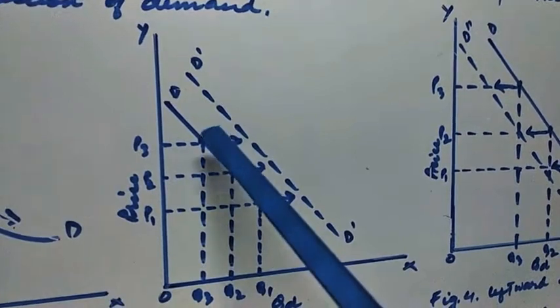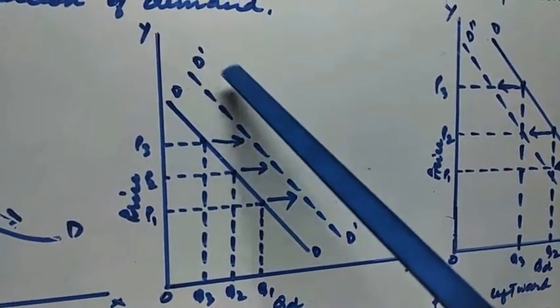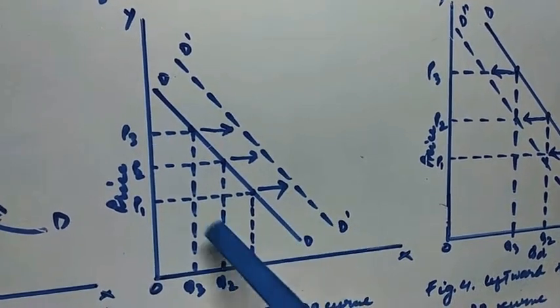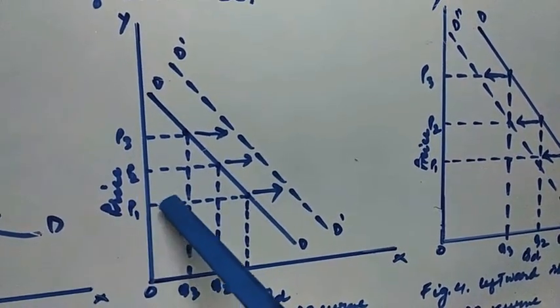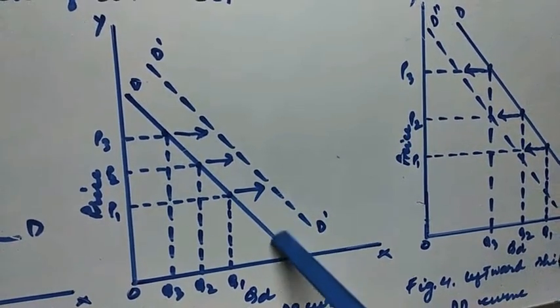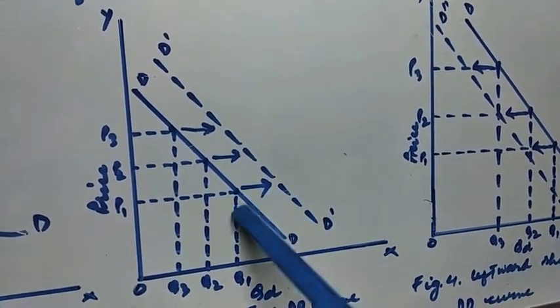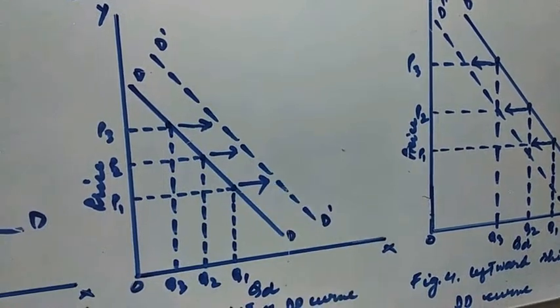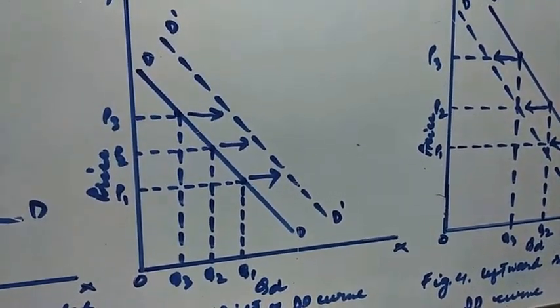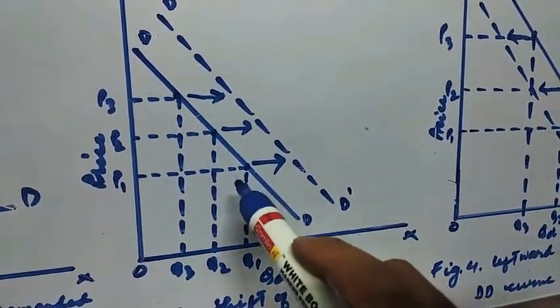Once the income increases, demand has shifted to D' D' from DD. So at the same price P1, a consumer will be able to buy more of that commodity. His quantity demanded can be increased at the same price because his income has increased.